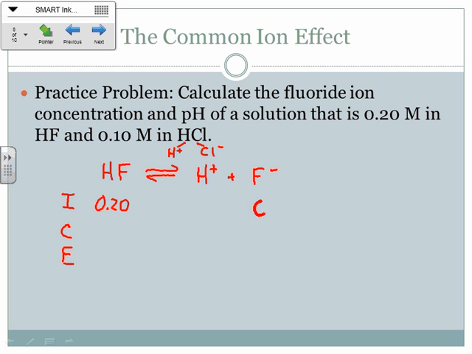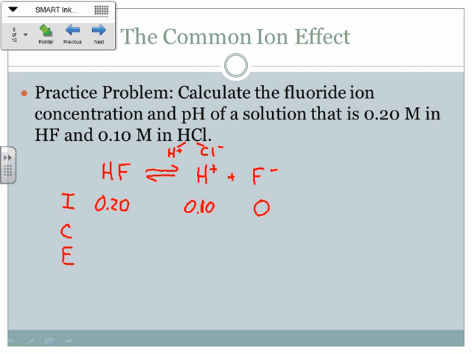I don't have any F minus initially in this solution, but I have an initial concentration of H plus already. Okay. And that H plus concentration is 0.1 molar, because we just assume that the HCl completely dissociates, right? So, same process, you just have a different common ion this time. It's the H plus instead of the anion, which is what we've been doing, okay?